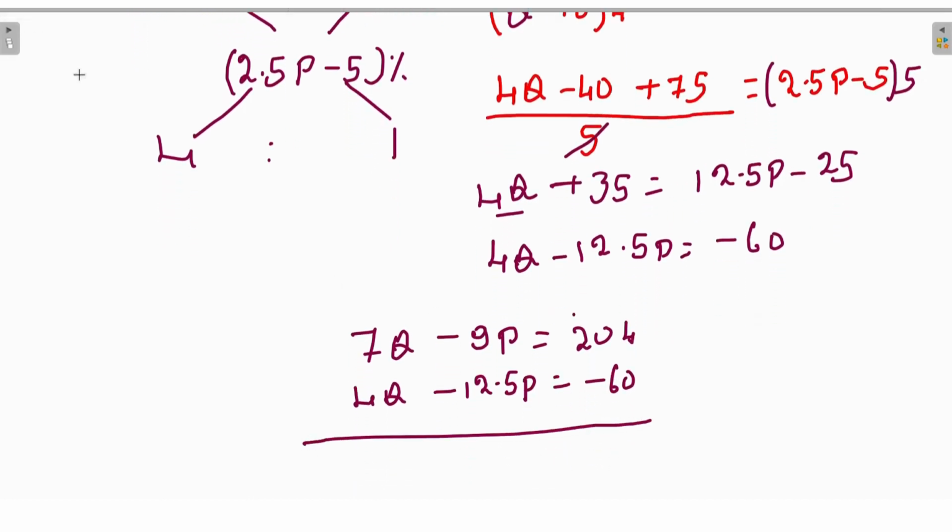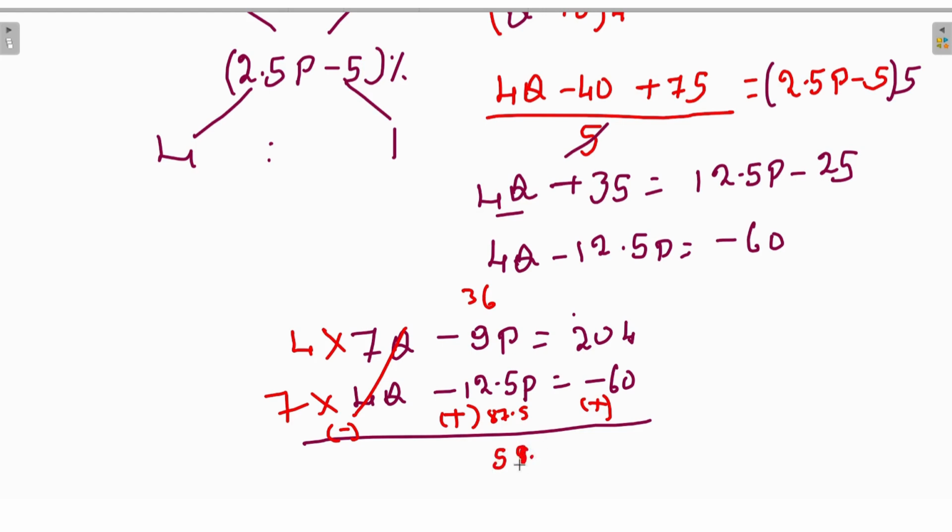We know how to solve a linear equation. So to do that, I will multiply here by 4, and here by 7, then I will subtract. If I subtract, the sign will change. Then 7 4s are 28, 28 cancels, 4 into 9 is 36, 7 12.5s are 87.5, 87.5 plus 36 is 123.5.